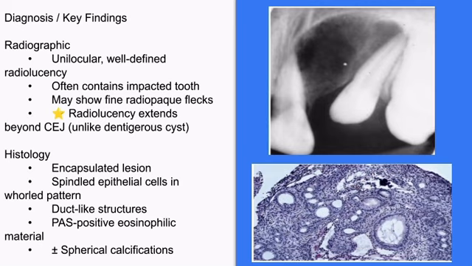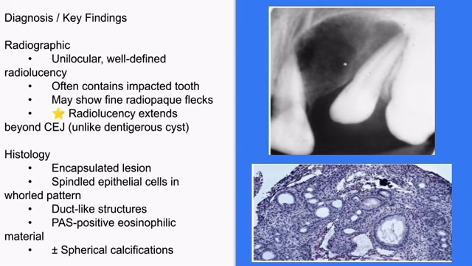Now coming to the diagnosis and key findings. Radiographically, AOT appears as a unilocular, well-defined radiolucency, often surrounding an impacted tooth. Unlike a dentigerous cyst, the radiolucency extends beyond the CEJ, the cemento-enamel junction, which is a classic exam clue for you guys. Some lesions show fine radiopaque flakes due to calcification, as I have told in the pathophysiology.